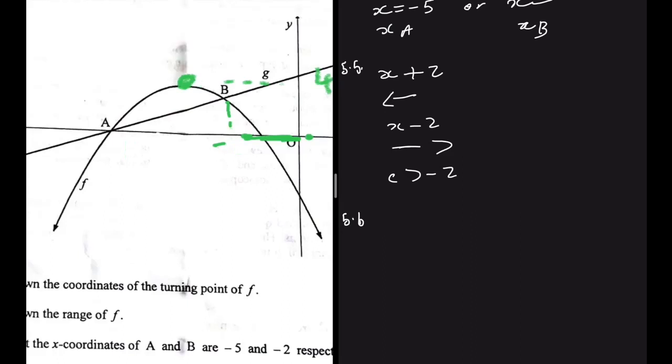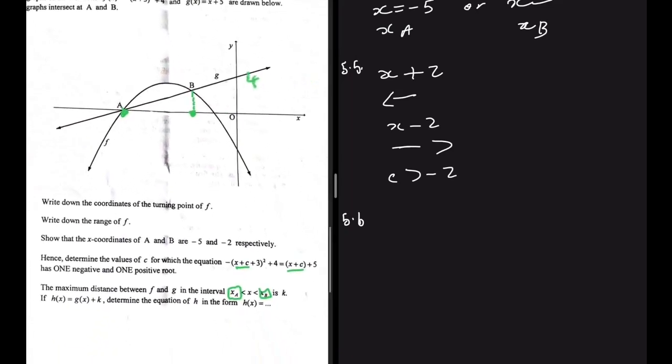This is the interval we are interested in. The question is saying the maximum distance between f and g in that interval is k. If h of x is equal to g of x plus k, determine the equation of h in the form h is equal to.